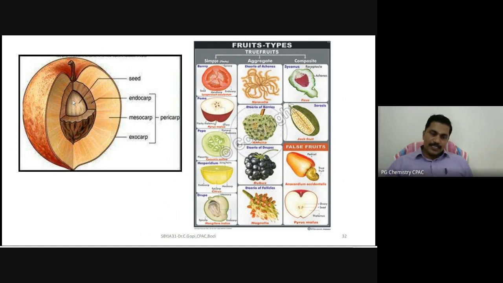So the seed is the center portion of the fruit, covered by the endocarp, mesocarp, and outermost exocarp. These three carps are called the pericarp. So these are different types of fruit: simple fruit, aggregate fruit, composite fruit.